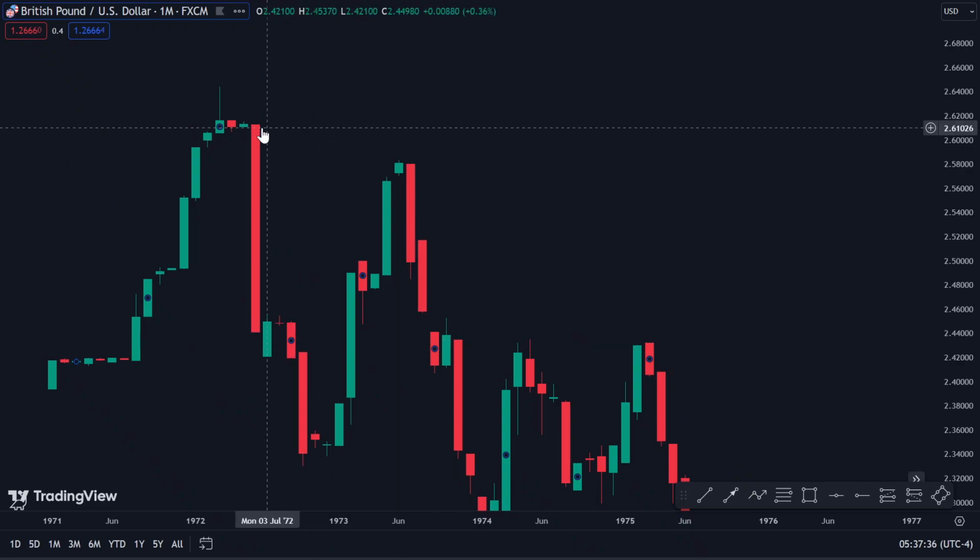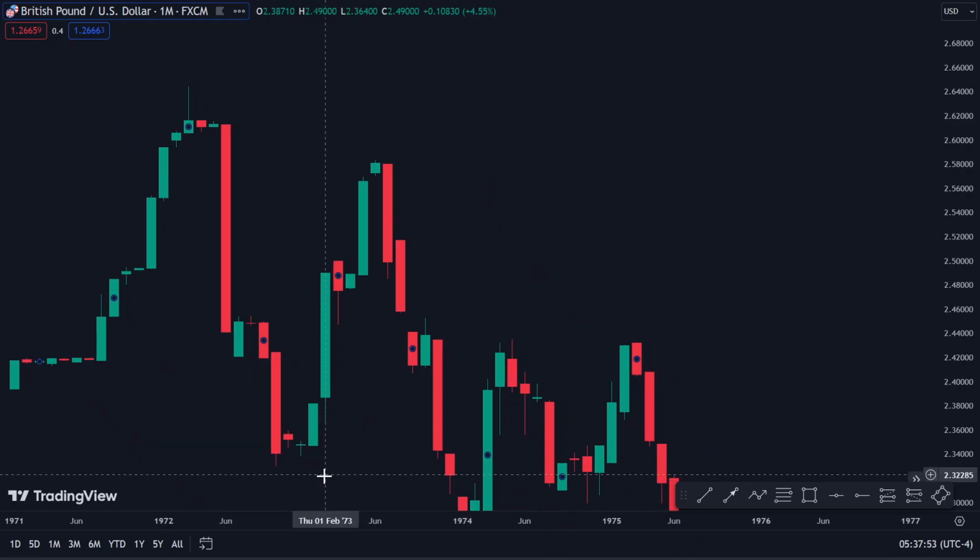And we find that immediately to the left of this Marubozu candle. For those who are quite familiar with the candlestick patterns, this is a bearish Marubozu candlestick.